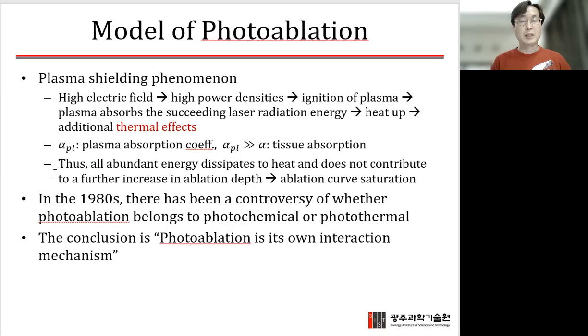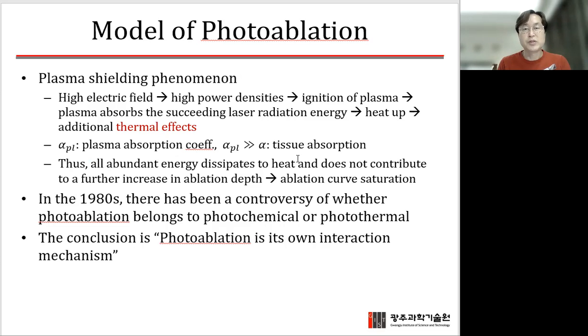So alpha_PL is a plasma absorption coefficient, or mu sub A in PL, which I guess here alpha sub PL is the simpler symbol. This plasma absorption coefficient, alpha sub PL, is much greater than alpha, which is the tissue absorption value.